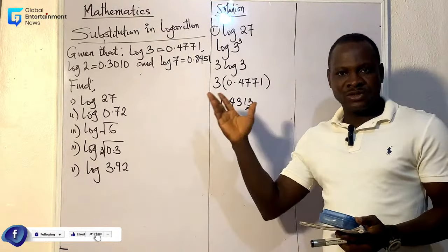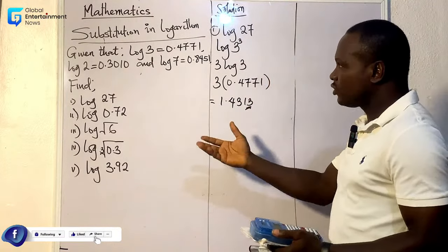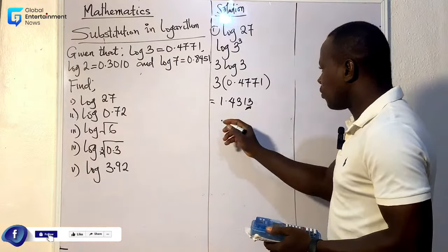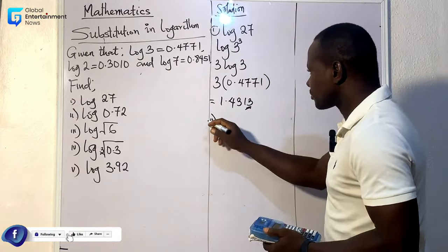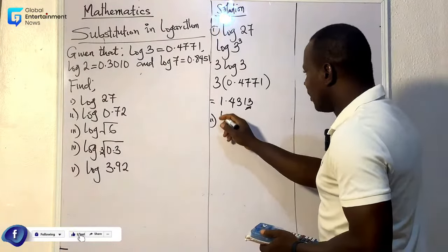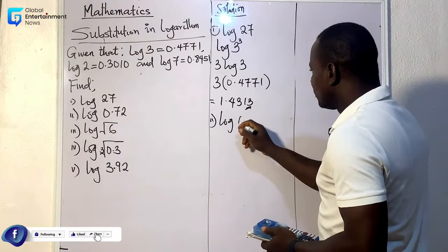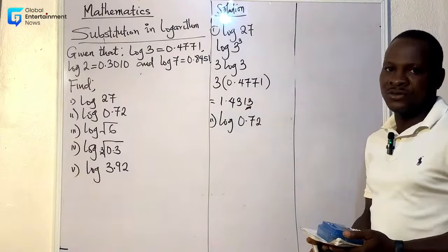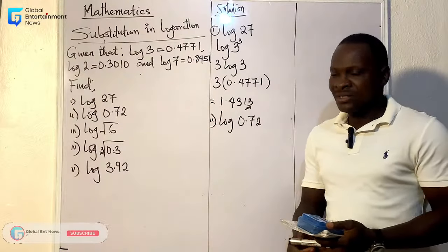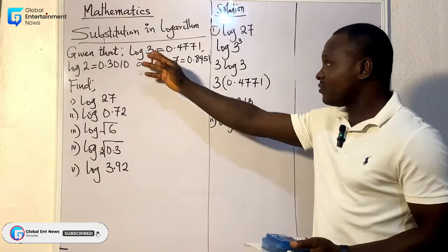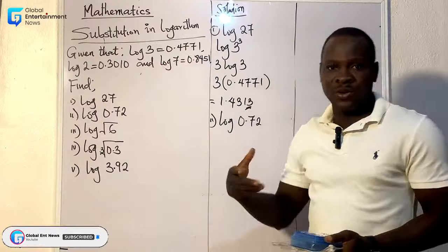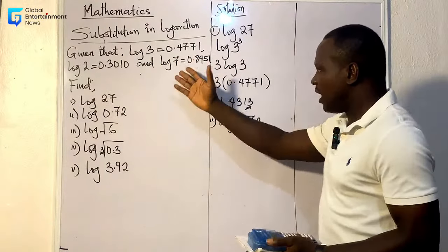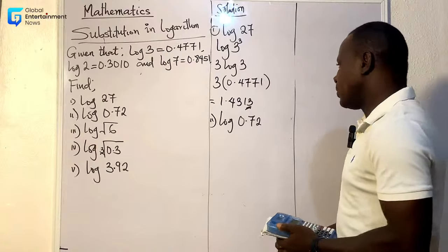Remember, the topic is substitution in logarithm. Now, second question, number 2. We have log 0.72. How do we substitute for this particular log? There's nothing like 0.72 in the substituent we're given, because what we're given is log 3, log 2, and log 7. So what do we do here?